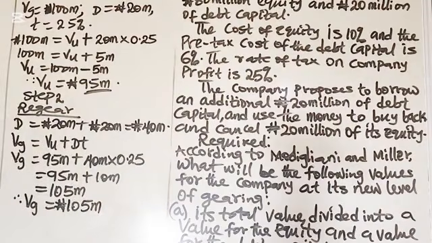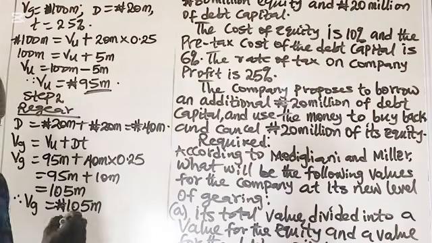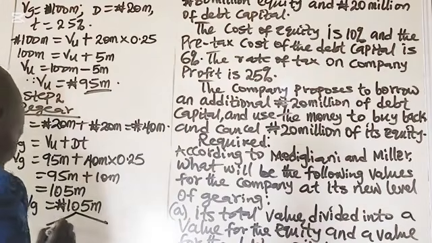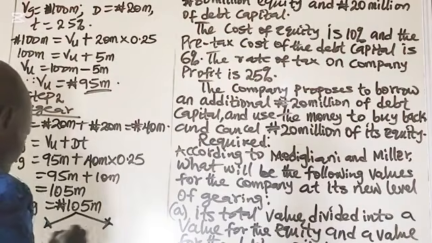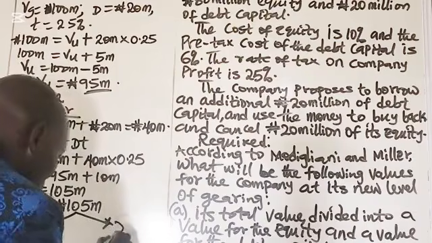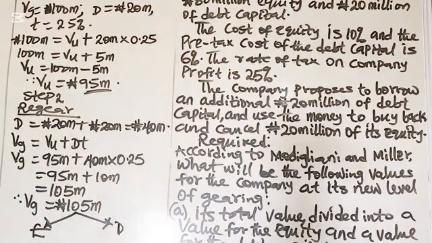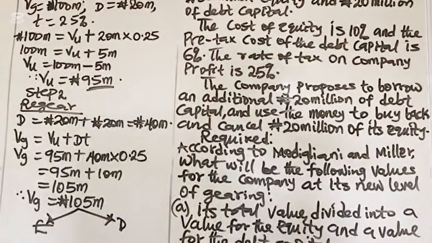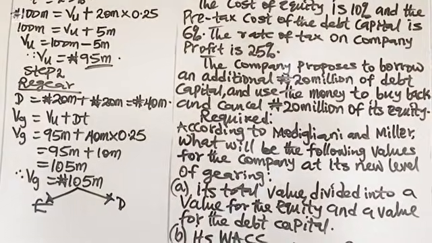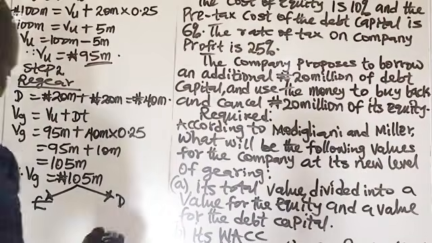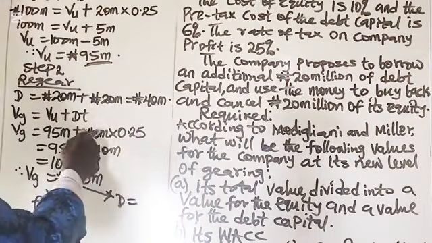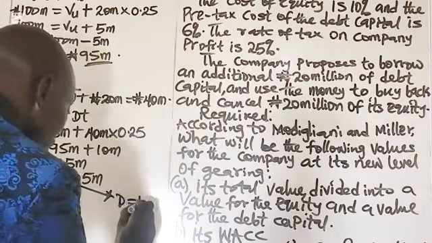This 105 million, which is now the new value, comprises the value of equity and the value of debt. And remember, the value of debt will not change. It will remain the same. The value of debt is 40 million naira as calculated.